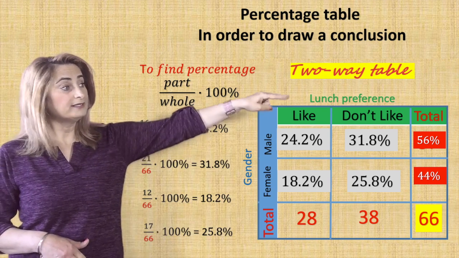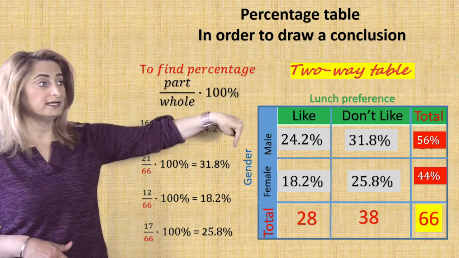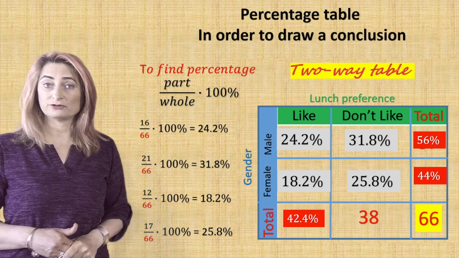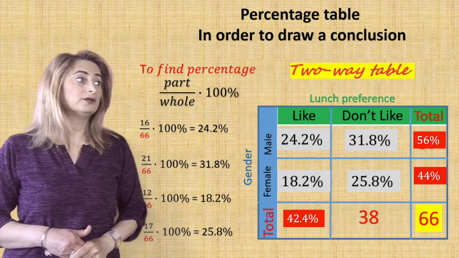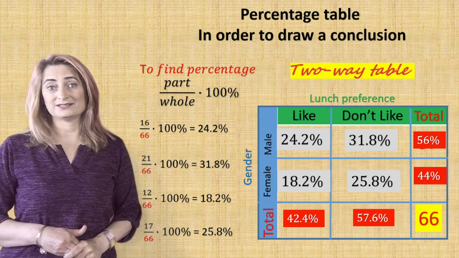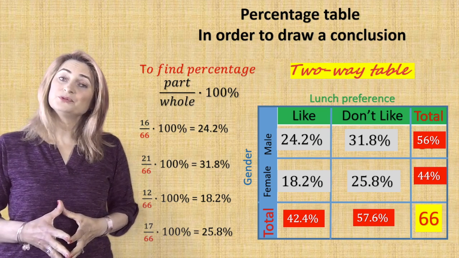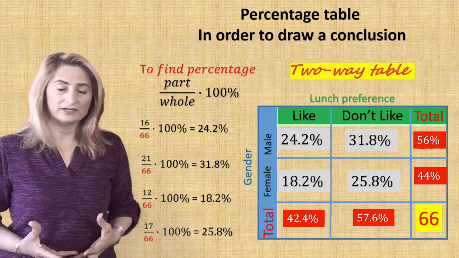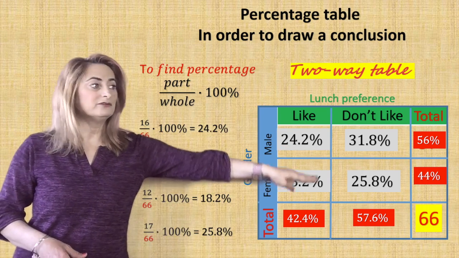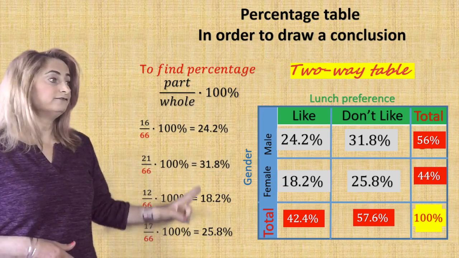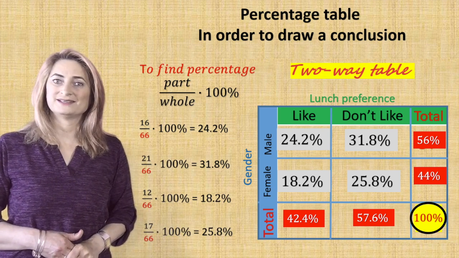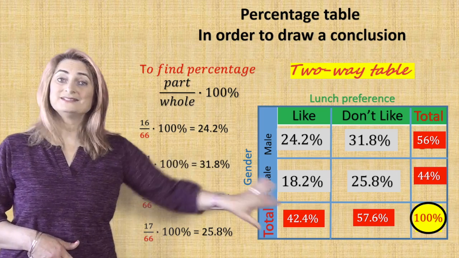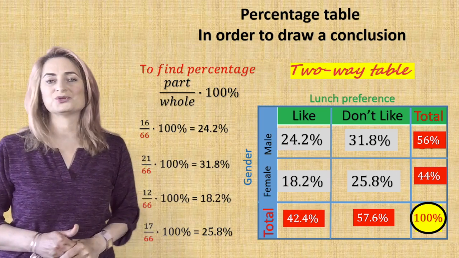And 24.2 plus 18.2 is 42.4%, and 31.8 plus 25.8 is 57.6%. Now, does it make 100%, which is the total surveyed? 56 plus 44 is 100%, and 42.4 plus 57.6 is also 100%. Because I got 100%, I know I got my percentages correct.